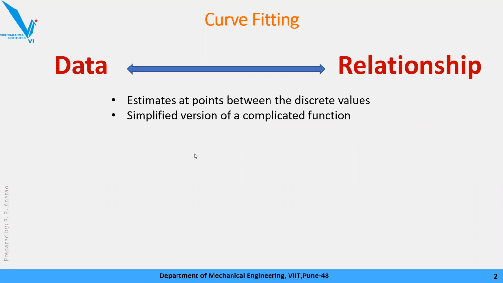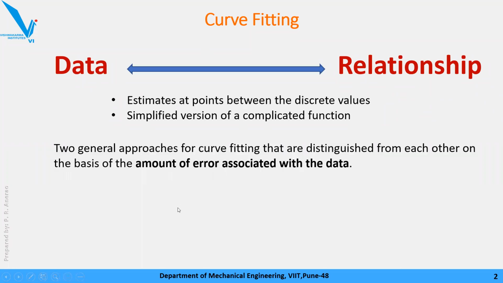Next, for the data you are going to handle here, there are two general approaches for handling the data and getting the outcome. These approaches are based upon the amount of error within the data. In simple language, your data might be good or might have some kind of error.